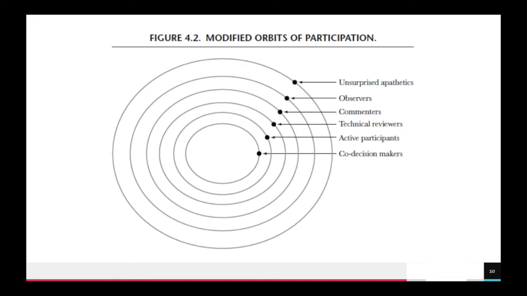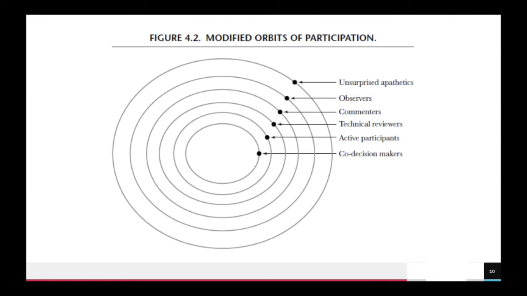The closer an orbit of activity is to the decision-making center, the greater the opportunity there is for public influence in that decision. The price for being near the center, having more influence on the decision, is greater expenditure of time, resources, and energy.